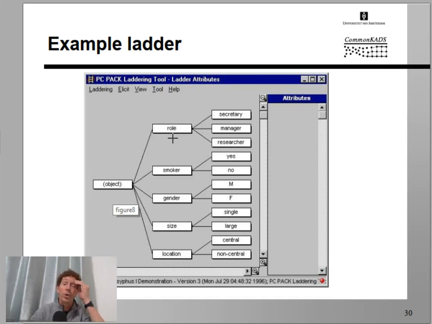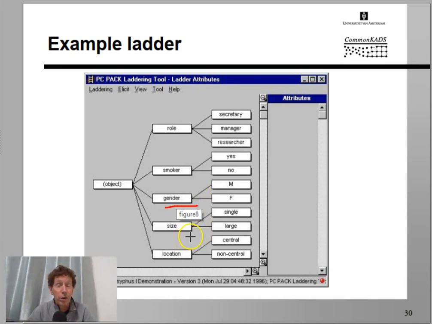Well, one thing that was important was the role that people played in the organization. Another, and these roles could be decomposed into, okay, we had office assistants, we had managers, we had researchers, and so on, right? So this was one particular aspect decomposed into a number of different aspects. Another thing that was important was whether people were smoking or not. Of course, the decomposition there was only in smokers and no smokers. Right. Other decompositions were decomposition in gender, of course, male and female.